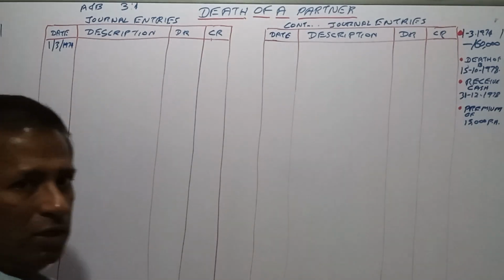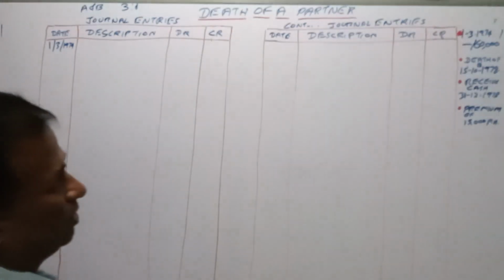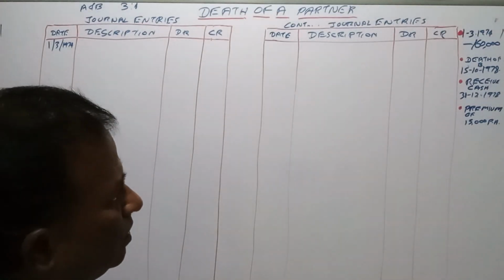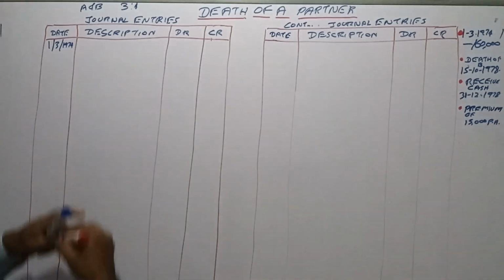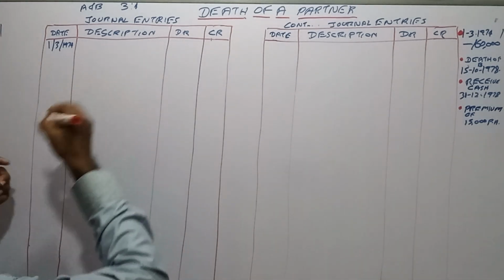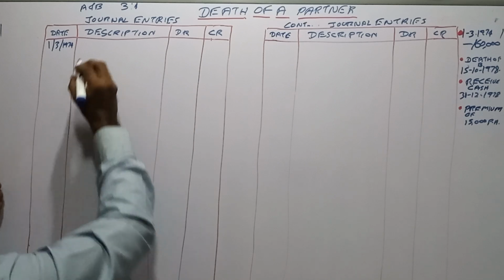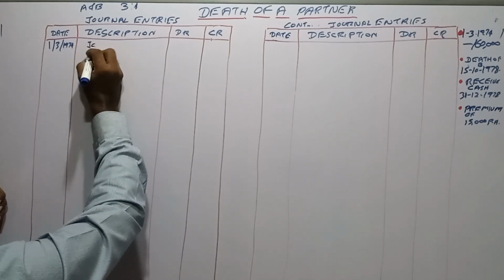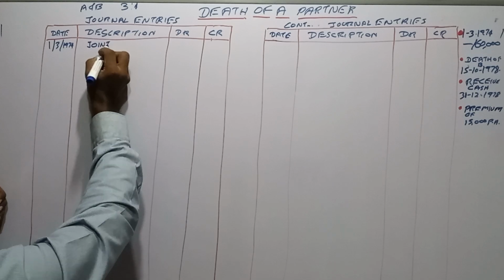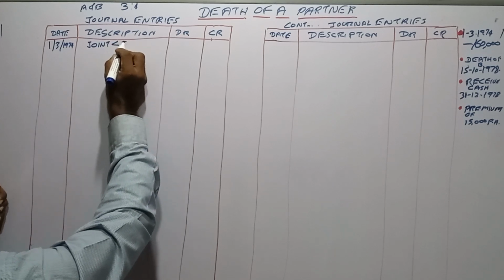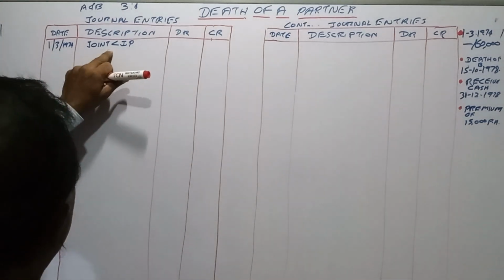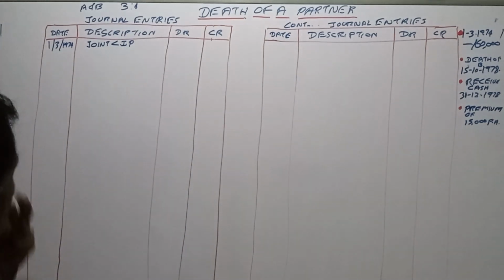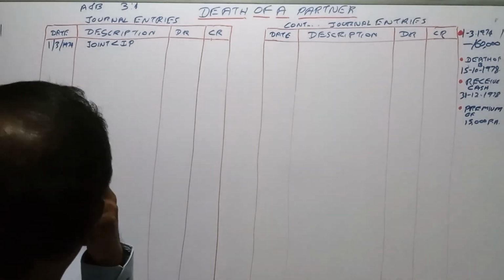Normally we settle the premium by cash. We will say joint life insurance policy, LIP, is life insurance policy.